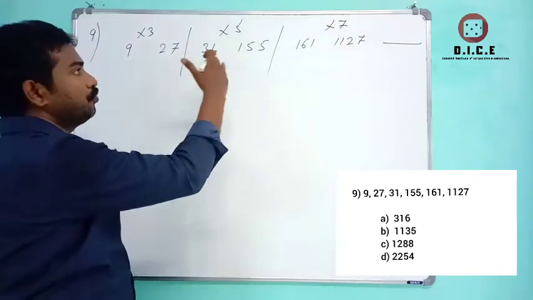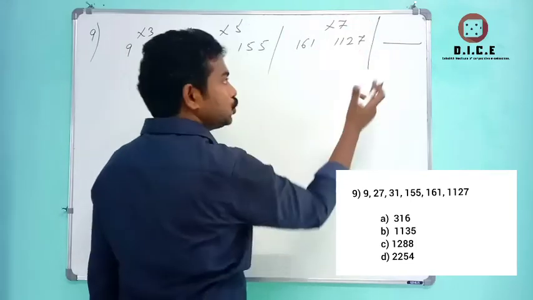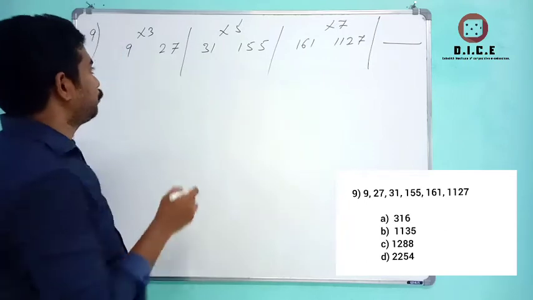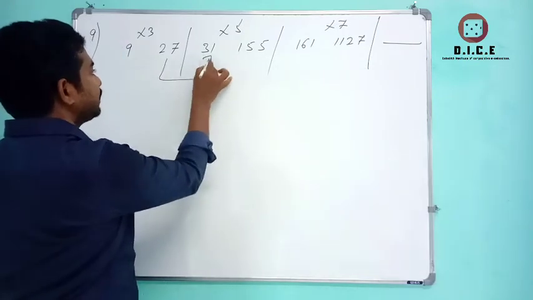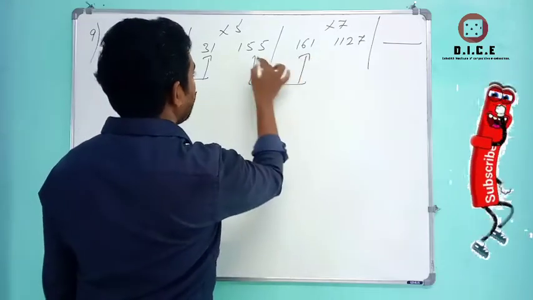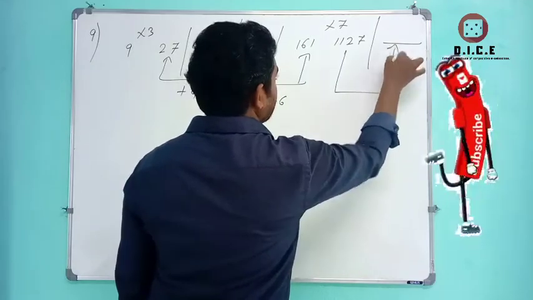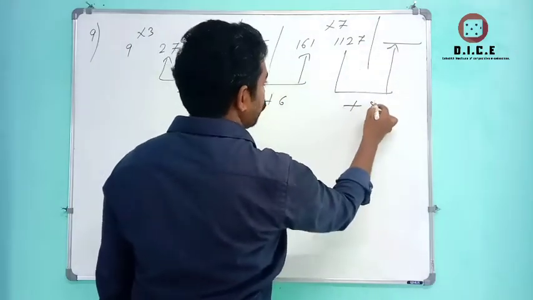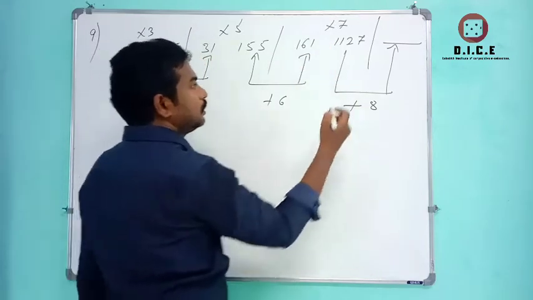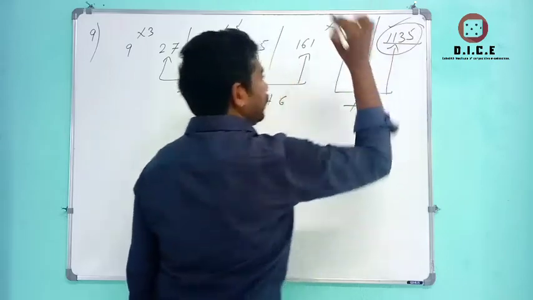It's times 3, times 5, times 7. But we want to know the number here, and there is no other number to multiply with 9 to get the answer. So if you see the difference between 27 and 31 is plus 4, 155 and 161 is plus 6, and similarly 1127 and the next. So the next number should be an addition of plus 8: plus 4, plus 6, plus 8. If we add 8 to 1127, the answer should be 1135. So 1135 is your answer.